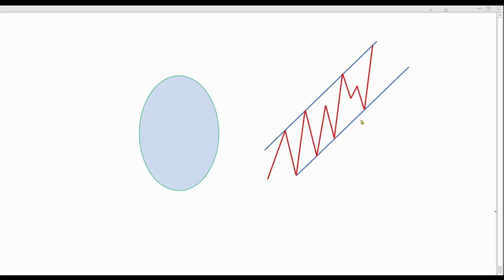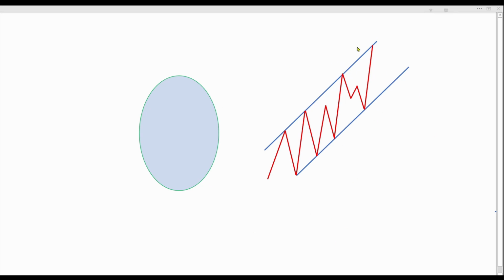An impulse, correction, and another impulse. And this technique using the trend channel will work the same to the downside. I don't have it here, but it is the same thing, vice versa to the downside, and it will work the same.